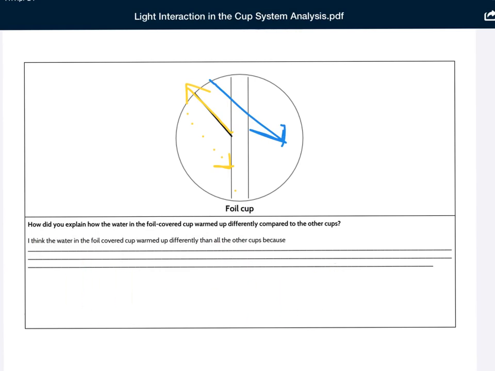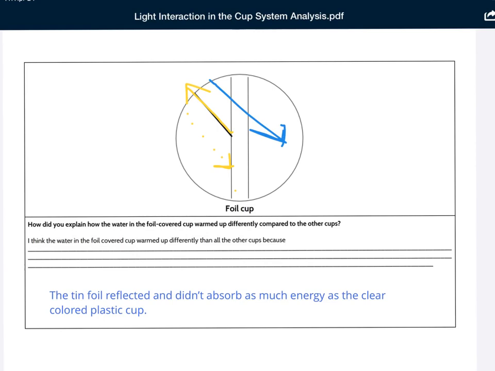So if I was doing this, based on our data, I think it's pretty clear that the tinfoil cup was absorbing less heat, okay? So if it says, I think the water in the foil-covered cup warmed up differently than all the other cups because the tin foil reflected and didn't absorb as much energy as the clear colored plastic cup.